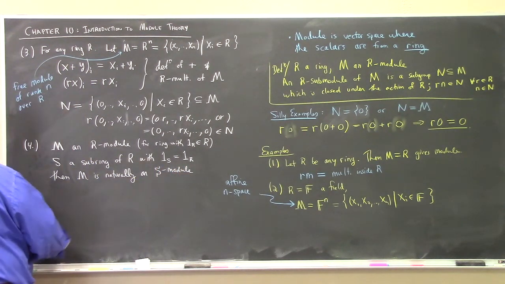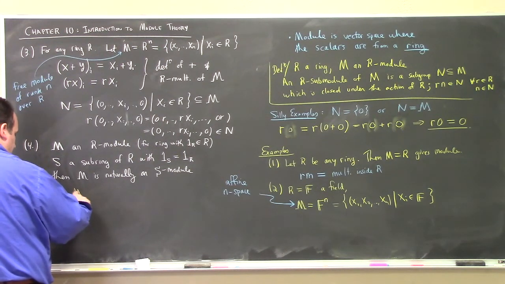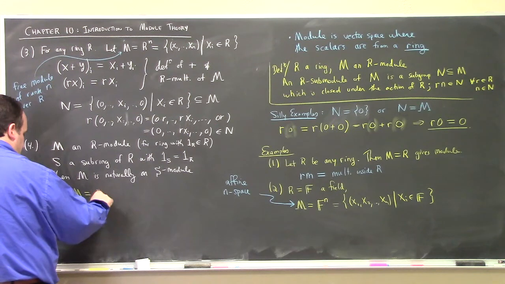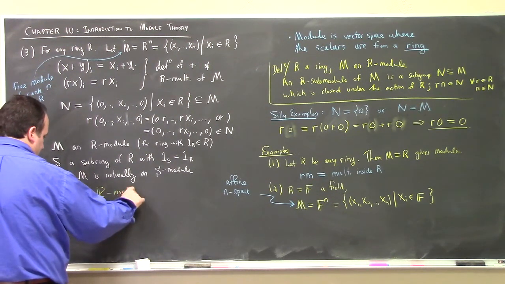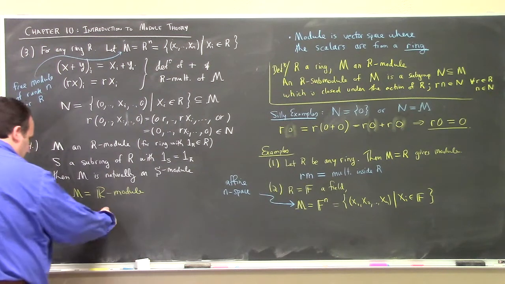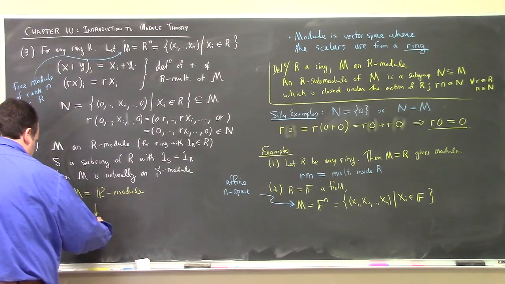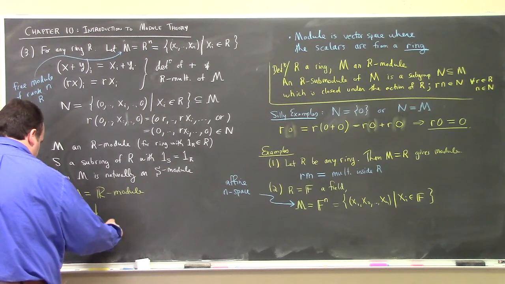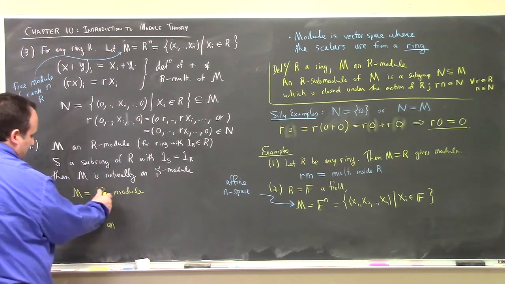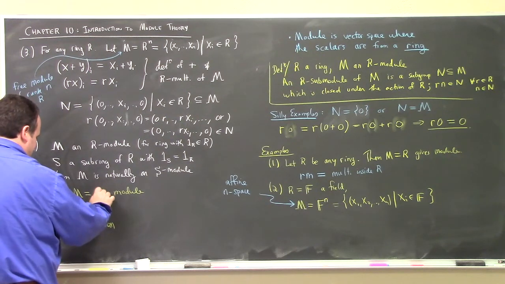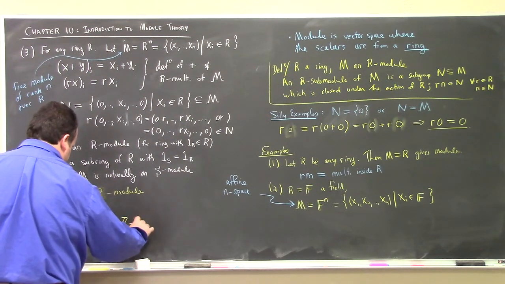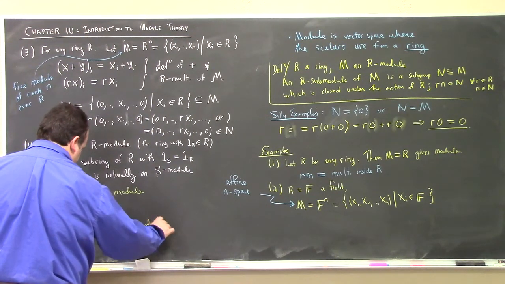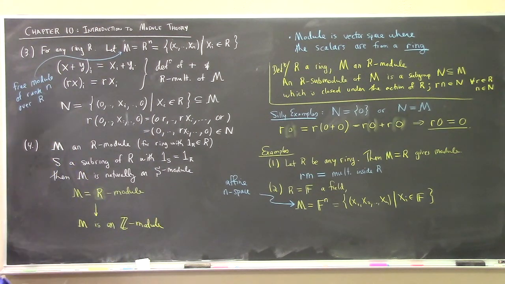So here's a good example of that. If we have M equals to R module, that means we could also look at M as, actually, let's make that just an R module, is a Z module. Maybe let's see, what do I need for Z to be a subgroup of M? Well, I guess that's not obvious. I didn't say R was infinite here, did I? So let me scale it back here.